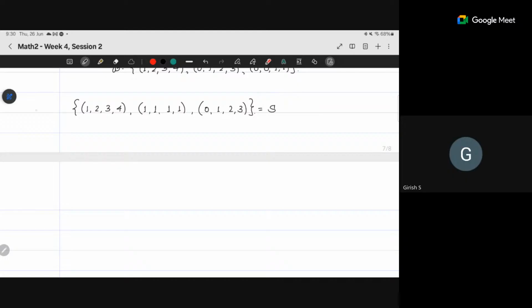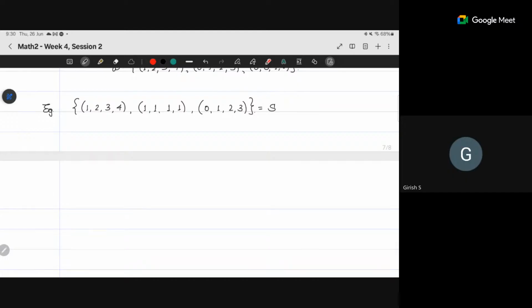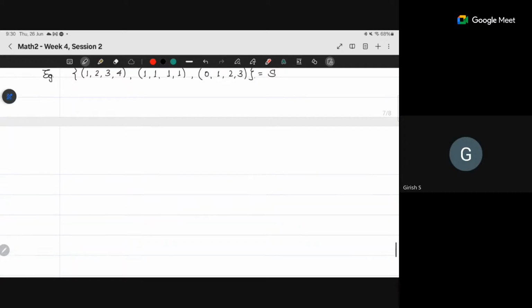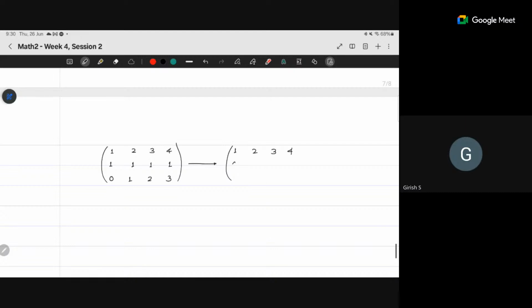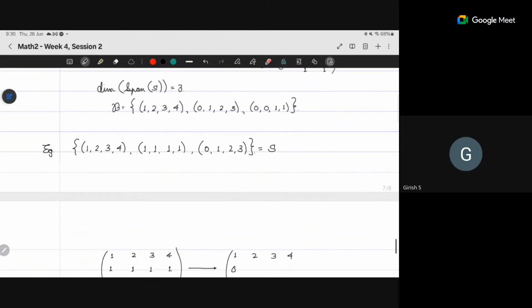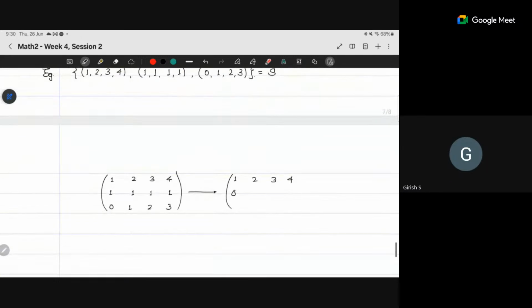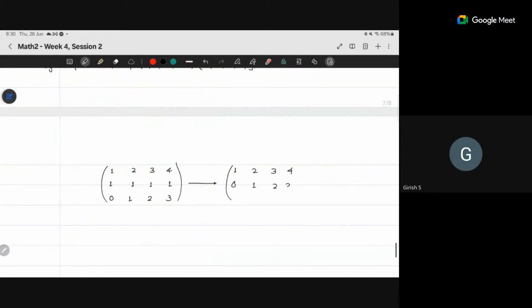So suppose this is the thing, and I do the row reduction again, I will get a 0 row. As observed earlier, the third row is a linear combination of the first two. This would again just be 1, 2, 3 after enough changes.